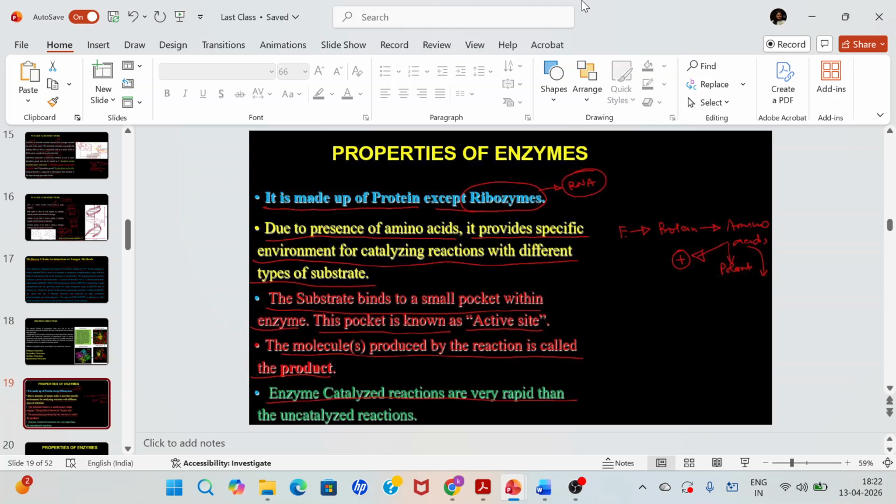The molecule produced by the reaction is called the product, and enzyme-catalyzed reactions are much more rapid than uncatalyzed reactions. Because what does an enzyme do? It lowers the binding energy so that the binding can happen at low energy and the reaction can be rapid, and more and more molecules can be treated with the enzyme.